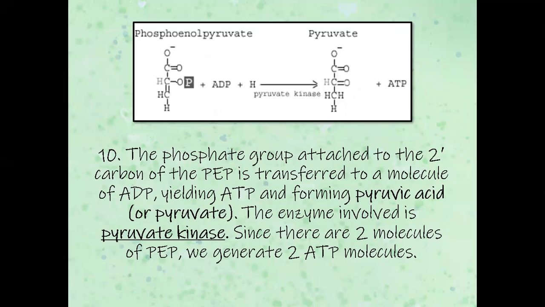In the last step, the phosphate group attached to the second carbon of PEP is transferred to a molecule of ADP, yielding ATP and forming pyruvic acid. The enzyme involved is pyruvate kinase. Since there are two molecules of PEP, we generate two ATP molecules.